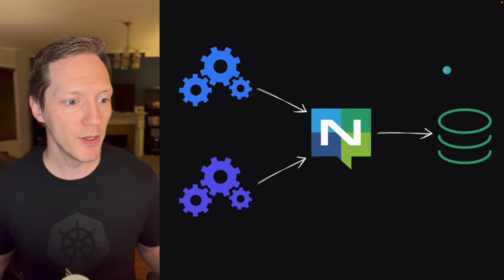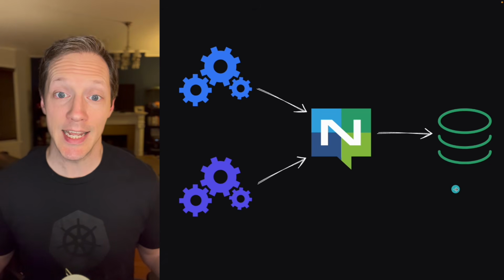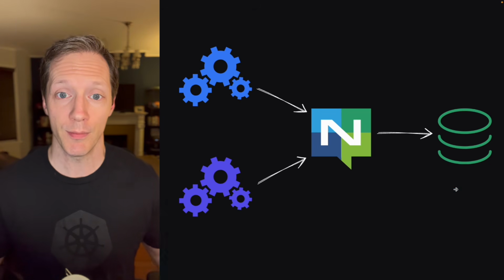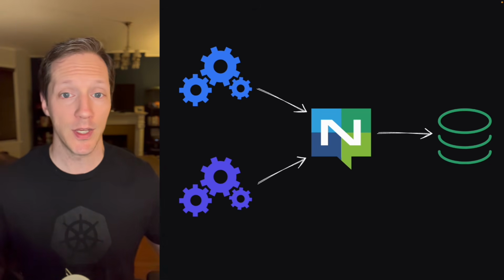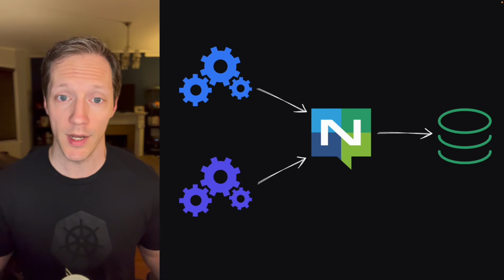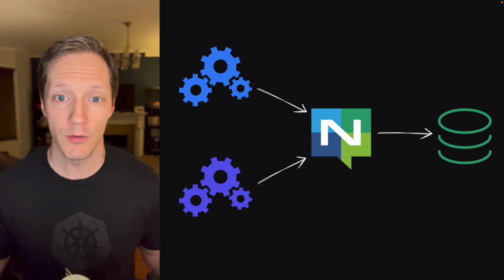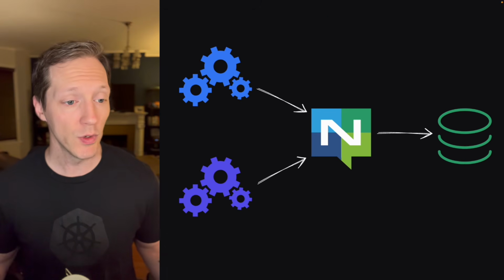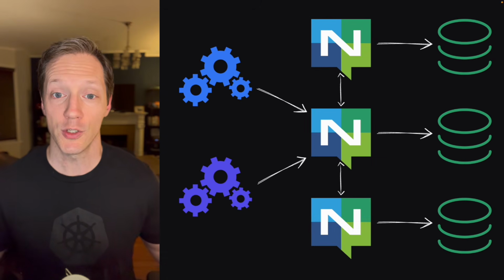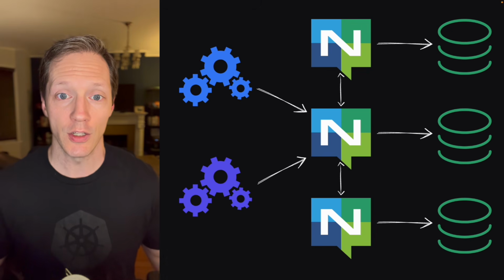A NATS stream is dedicated data storage for a series of subjects, and you name that stream and you give it however many subjects that you want, right? And NATS is going to store the data that comes in through those subjects, and it can store them in replication, right? Because our NATS servers are clustered together.